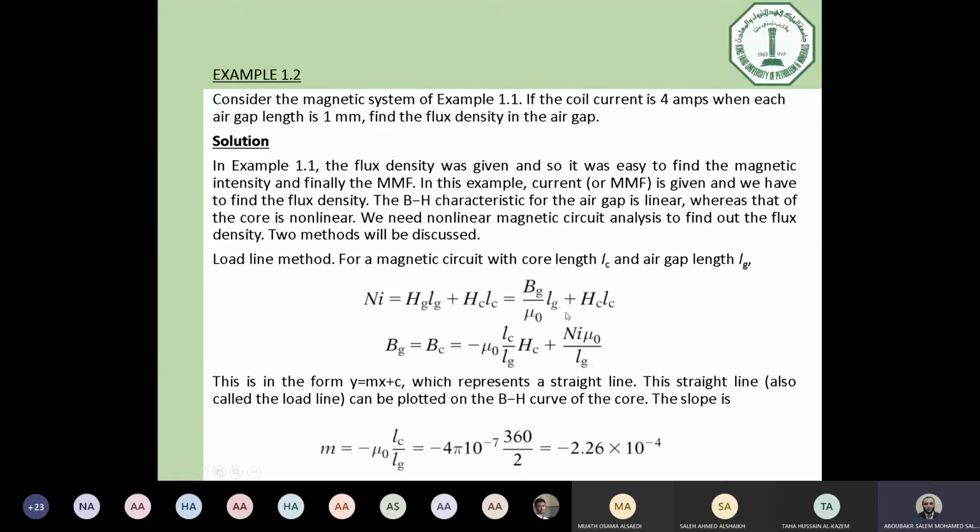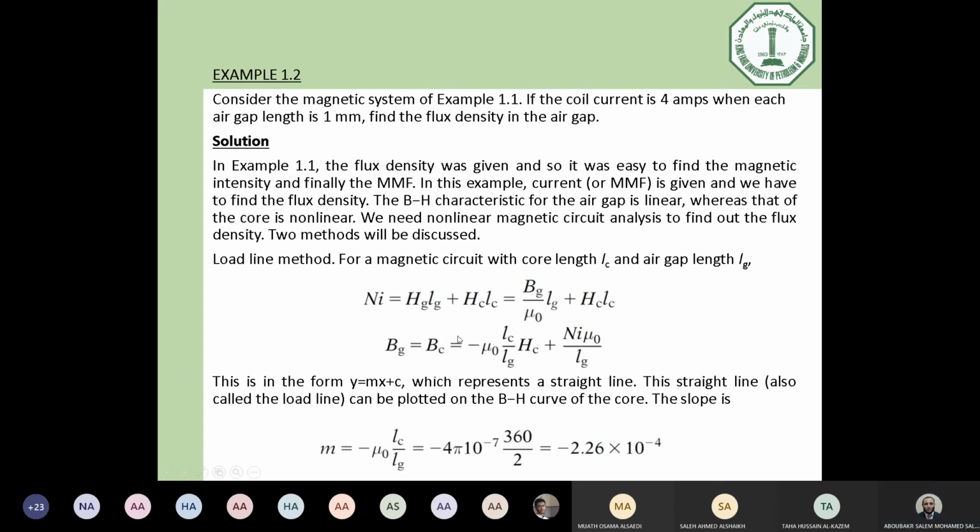So this is now the relation of B. This relation is nothing but a straight line equation, a function of H of the core. So if we represent this straight line equation and plot it on top of the BH curve of our core, we can get the intersection point, which will represent the value of gap flux density, or in general the flux density value. Okay?